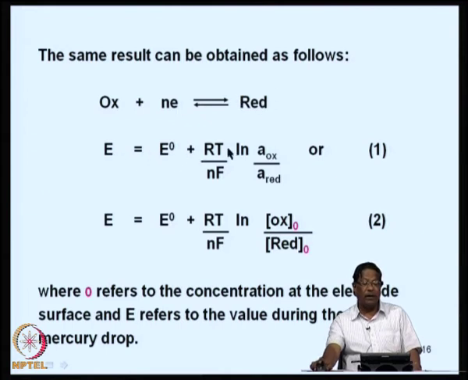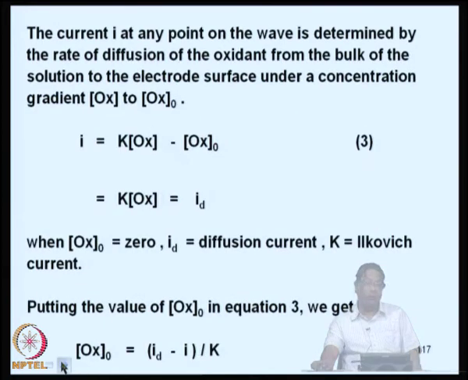E is equal to E naught plus RT by nF ln a oxidant by a reductant. This is a form in which we are more familiar. E is equal to E naught plus RT by nF ln oxidant divided by the reductant, where 0 refers to the concentration at the electrode surface and E refers to the value during the life of a mercury drop.